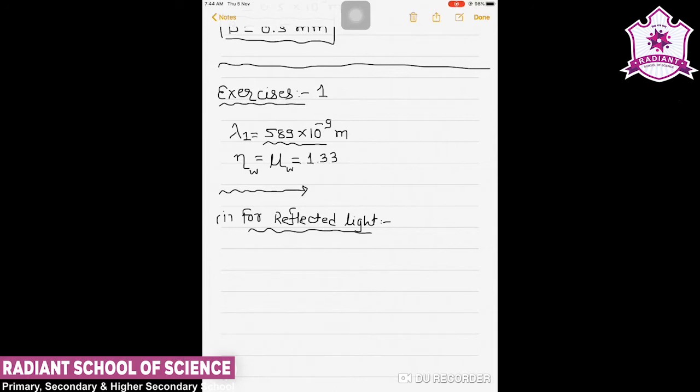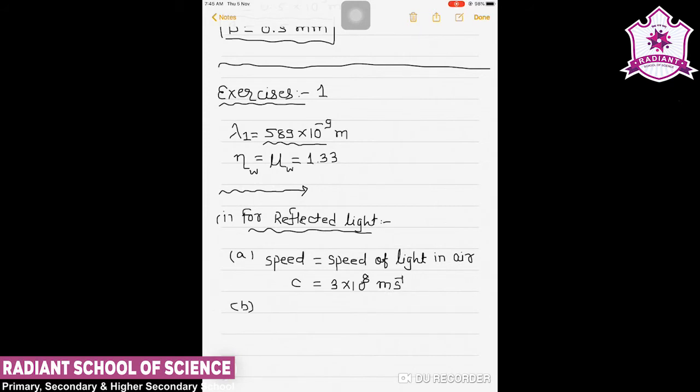So the first thing that we calculate, speed is equal to speed of light in air. It will be the same value, that is c equals 3 into 10 raised to 8 meter per second, that is a known value.